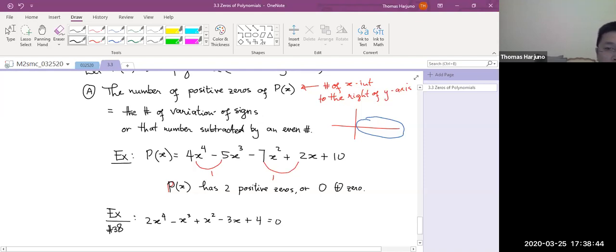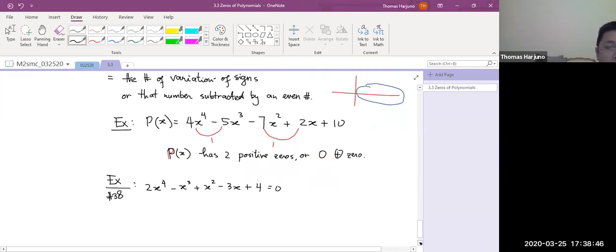The question is how many positive zeros, or how many positive solutions, for this polynomial.